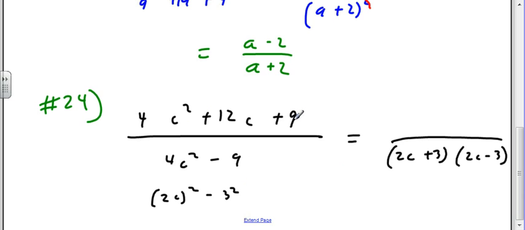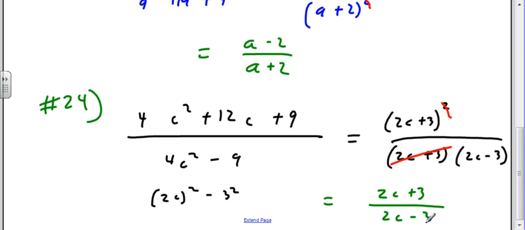The top, well, 2 times 3 is 6, 6 and 6 is 12, so we'd have 2c plus 3 squared. Then we get a 9, we get a 4c squared, we get a 2 times 2 times 3, which is 12. Okay. Get rid of one of those guys, and final answer, 2c plus 3 over 2c minus 3.